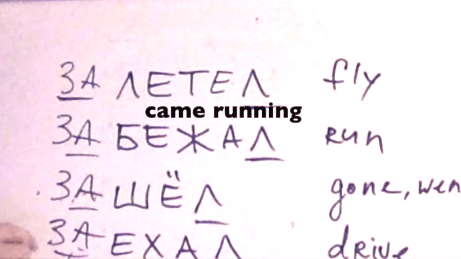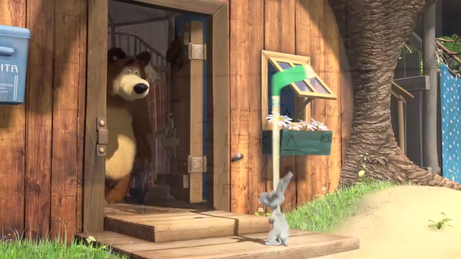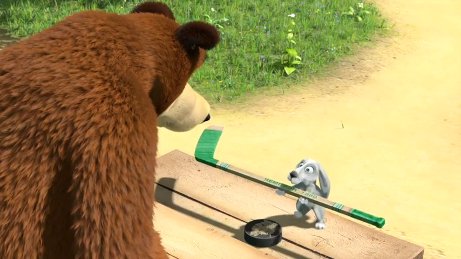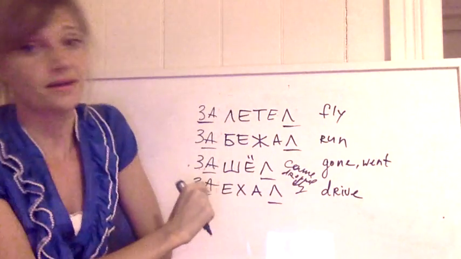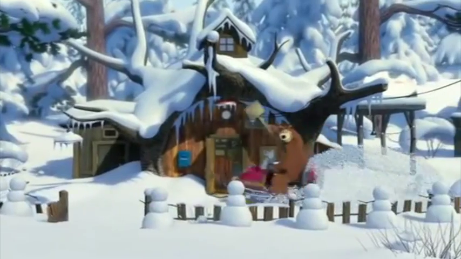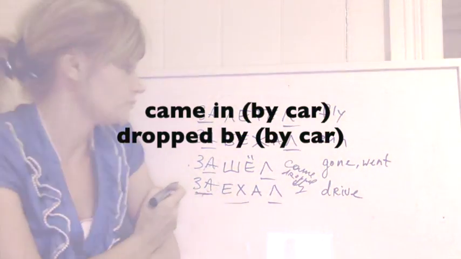Забежал. Зашел, he came, he dropped by. Заехал, he visited me, drove by car.